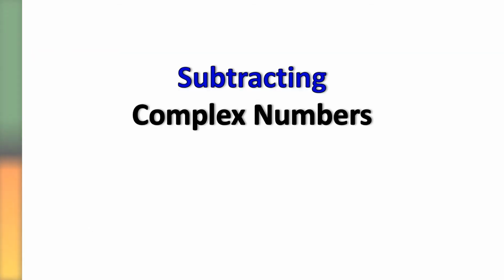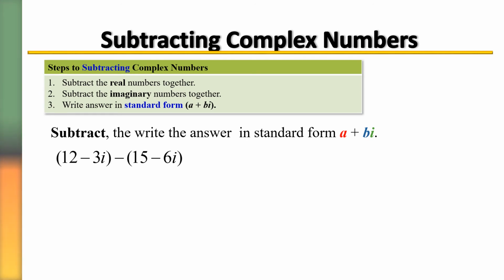Subtracting complex numbers. Subtracting complex numbers is very similar to adding complex numbers. Recall, anytime you're performing subtraction with terms, because the second group has that negative in front of it, you have to change everyone in that second group to their opposite.